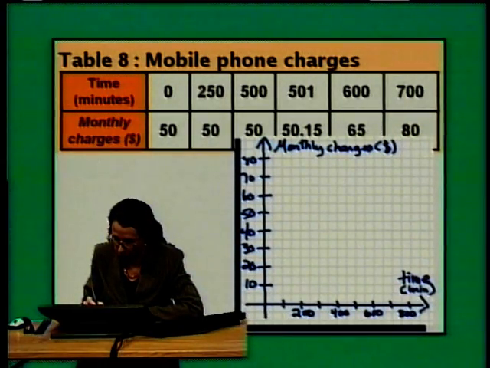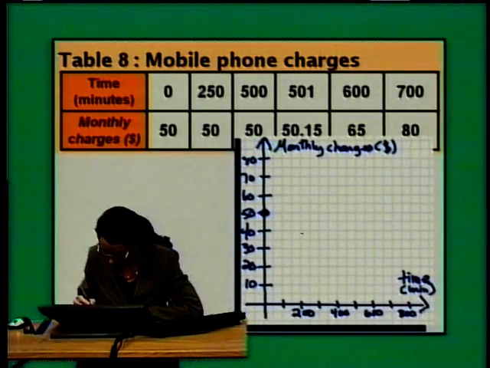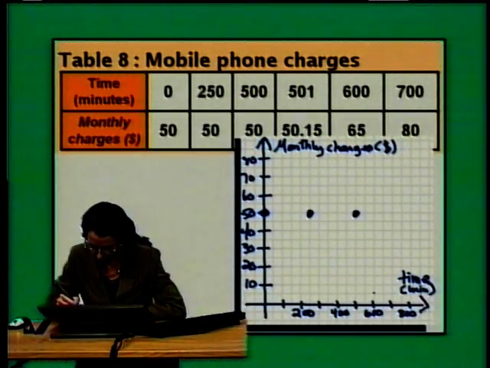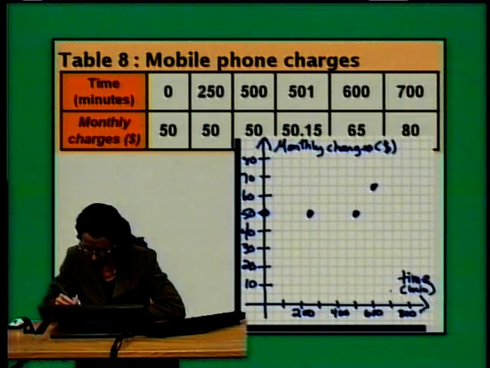We have 0, 50. We have 250, 50. We have 500, 50. We have 600, 65. And finally, we have 700, 80.